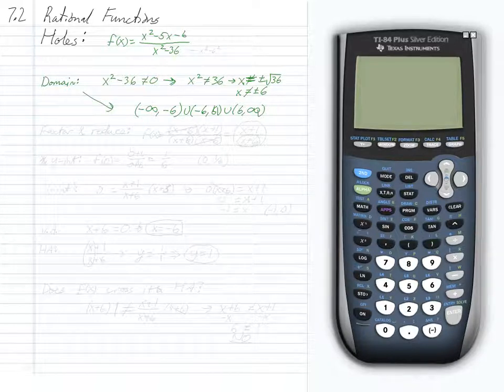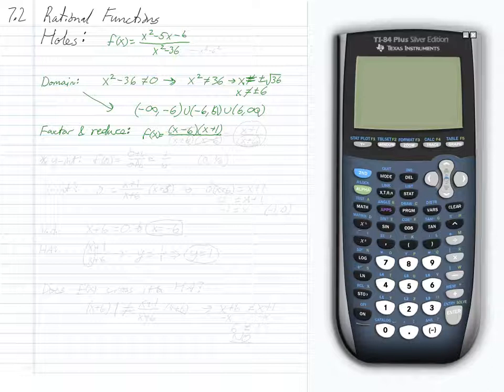Alright, so now we want to simplify our function. Remember, step 2 of that procedure is always to reduce the function down. So we can say f of x is, if we factor the numerator, it'll factor as x minus 6, x plus 1. And our denominator, you'll notice, is a difference of squares.